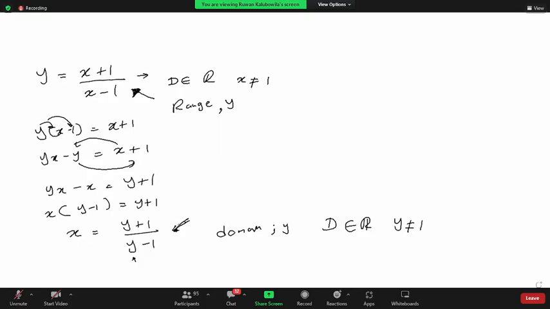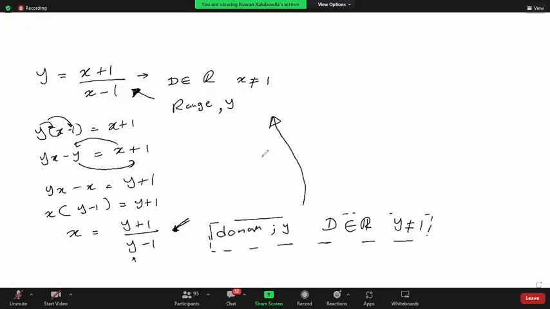So in this case, for this function, y behaves as a dependent variable, so that is why we call it the domain for y. But you can see it is the same function we are talking about. So you can simply answer the range for y in this function by giving the domain of this function.